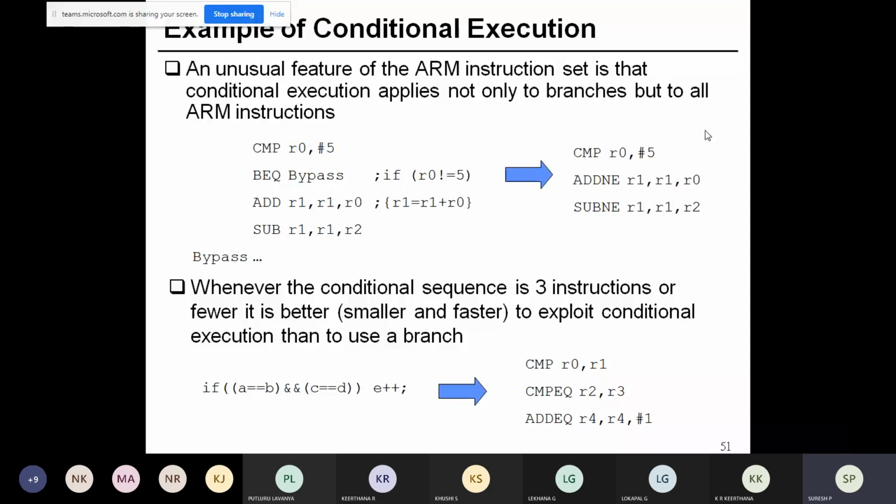If both are not satisfied, you should not execute either. First it will compare R0 comma R1. If it encounters 0, then only this particular instruction will execute. If it is not satisfied, this instruction won't be executed, and then even the next instruction won't execute. Okay, it is sequential now.